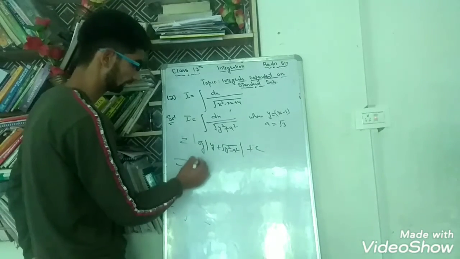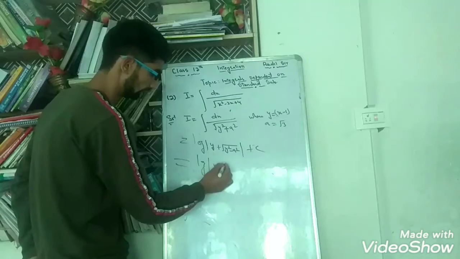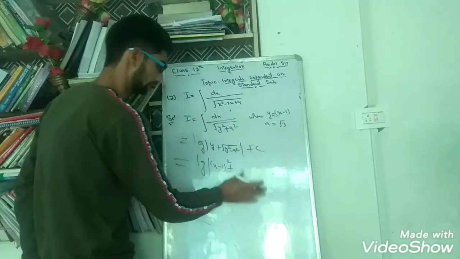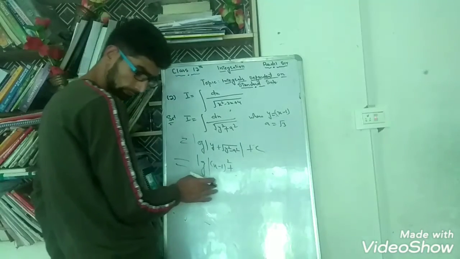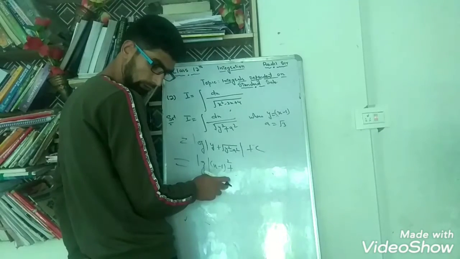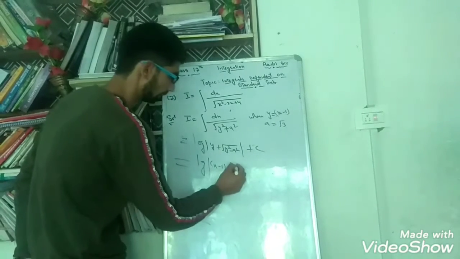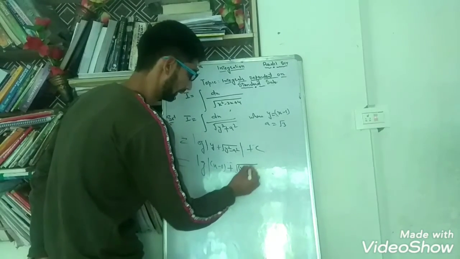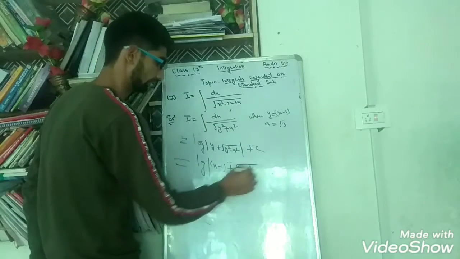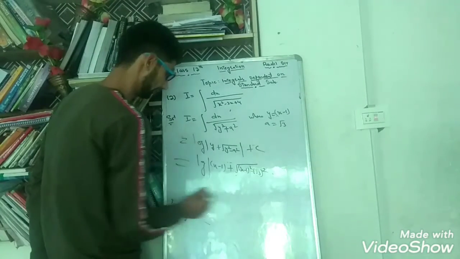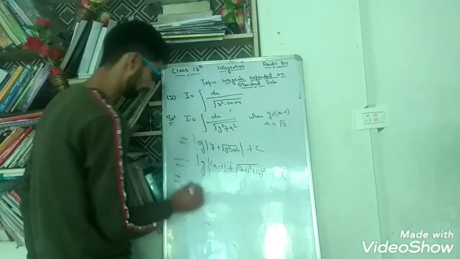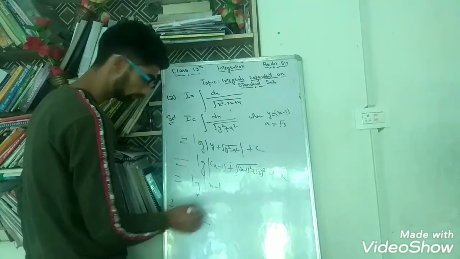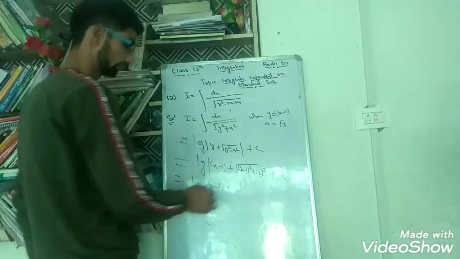So it will come out as log of y, that is x minus 1, plus under root of y square, that is x minus 1 whole square, and then plus a square, that is under root 3 whole square, plus c.